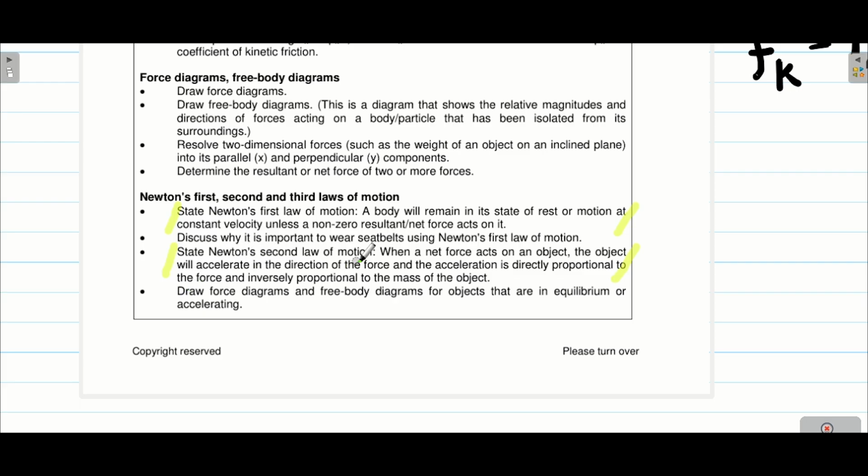Newton's second law states that when a net force acts on an object, the object will accelerate in the direction of the force, and the acceleration is directly proportional to the force and inversely proportional to the mass of the object.